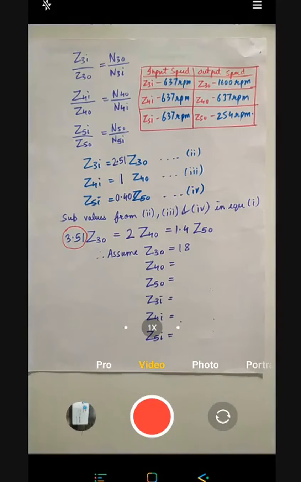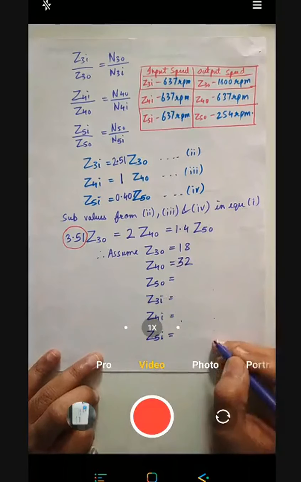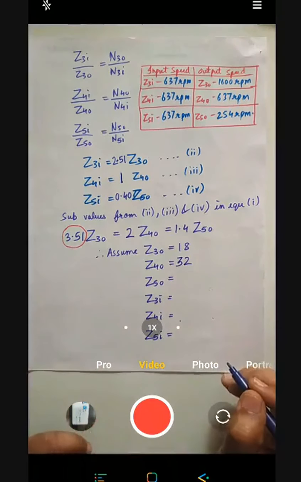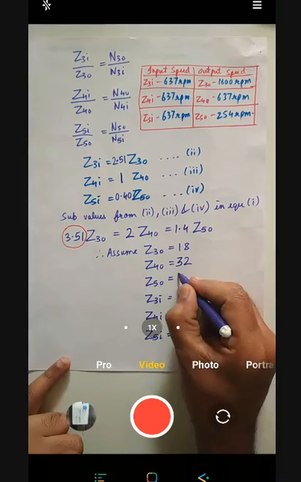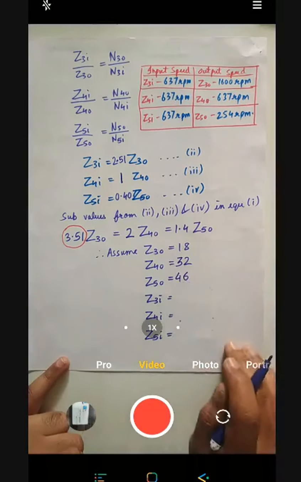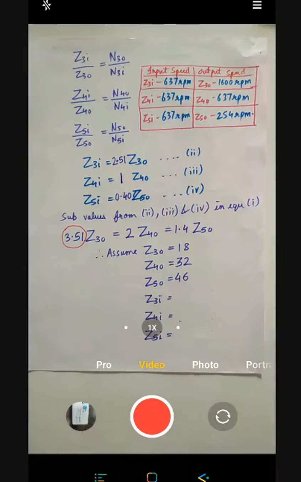Z4 is 32. Z6 is 46. Then use 2, 3, 4 equation to get these values.